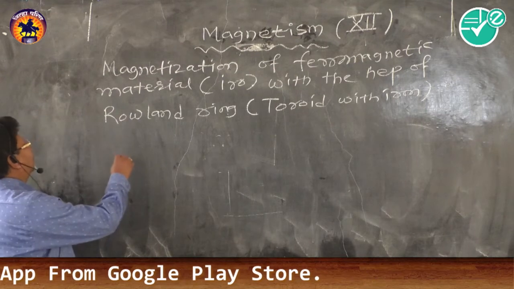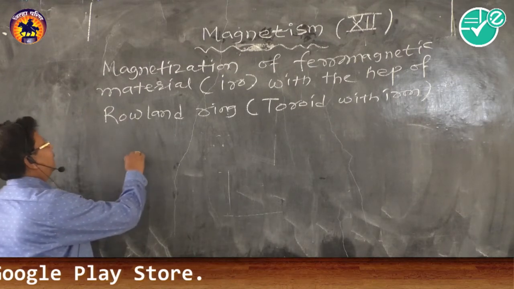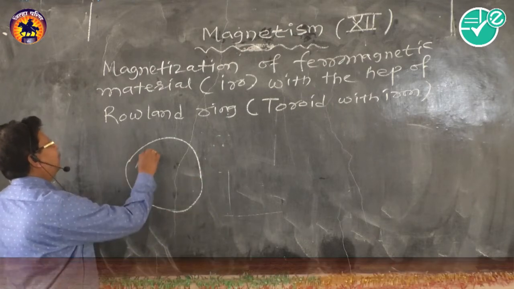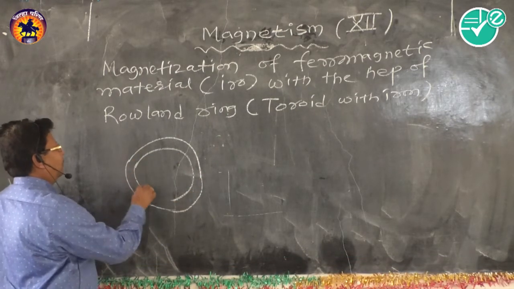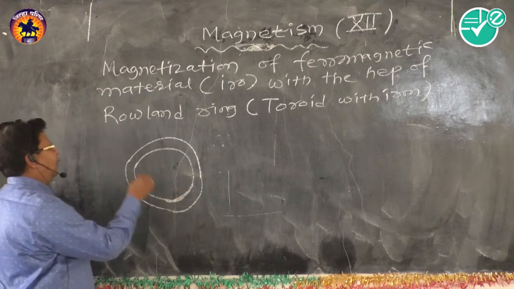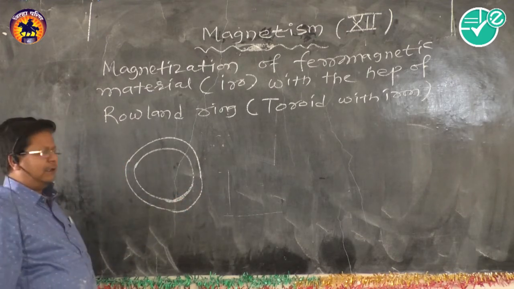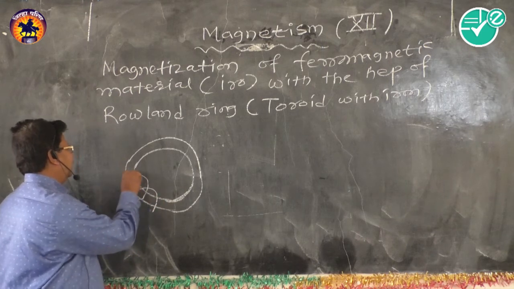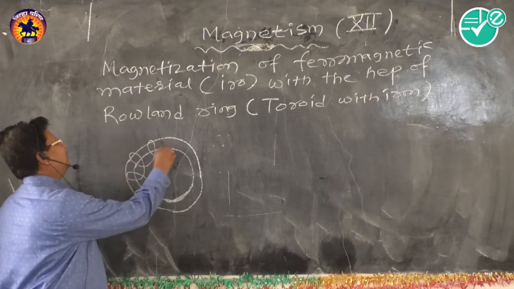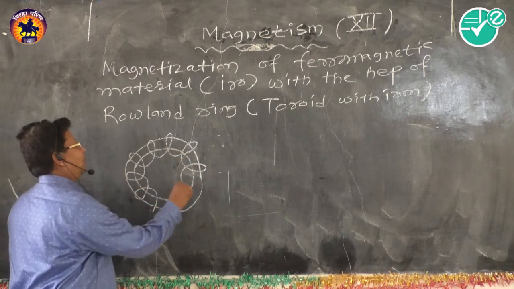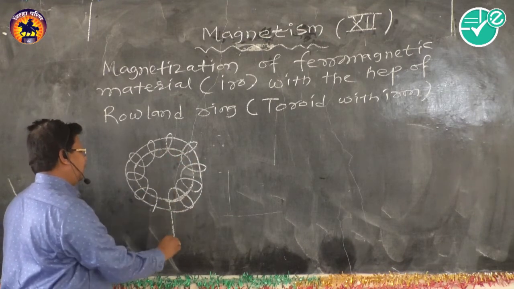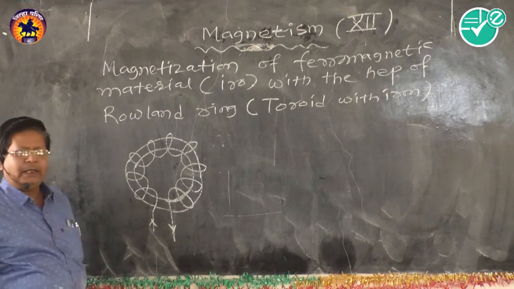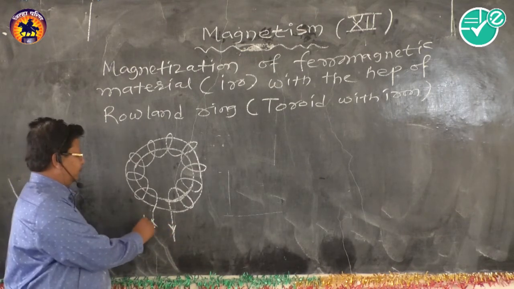In case of a toroid, it is a hollow cylinder made from non-conducting material, and on this material a large number of turns of the coil is wound, and through this coil current is sent.